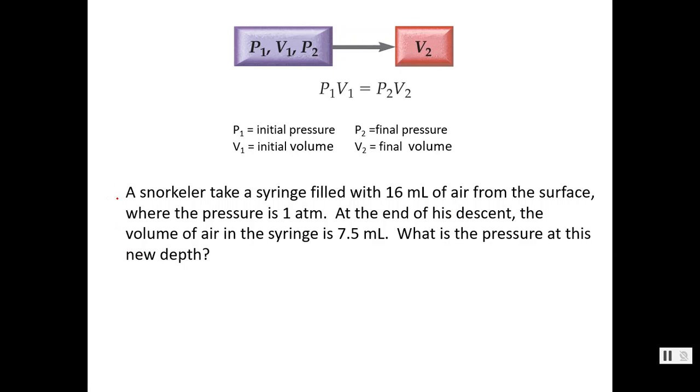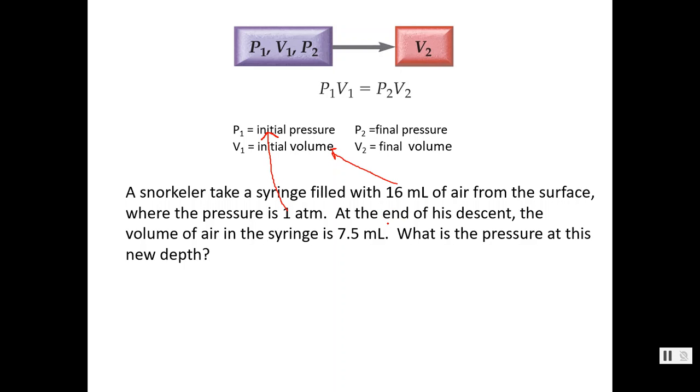So let's say we have this scuba diving scenario where a snorkeler takes a syringe filled with 16 milliliters of air from the surface where the pressure is 1 atmosphere. So I have an initial volume and I have an initial pressure.